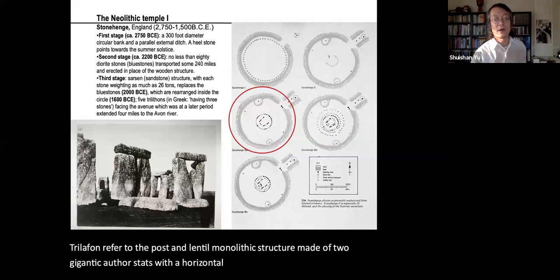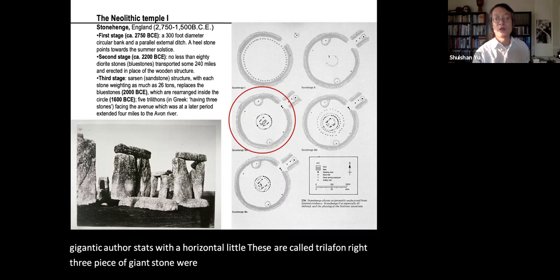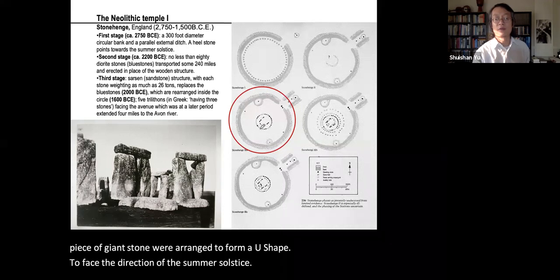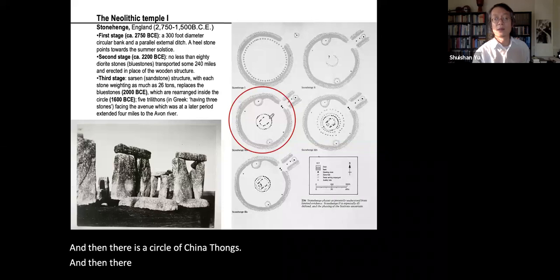These are called trilithons, right? Three pieces of giant stone were arranged to form a U shape to face the direction of the summer solstice. And then there is a circle of trilithons. And then there are smaller stones to further refine the accuracy of that prediction.